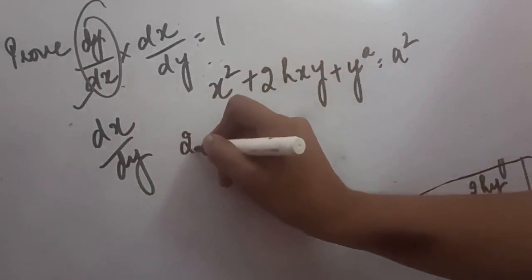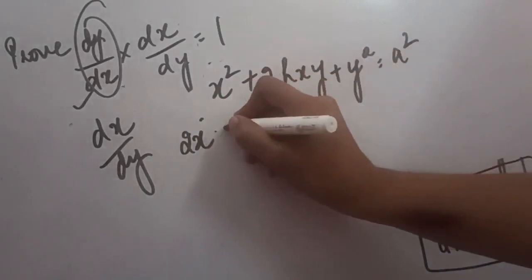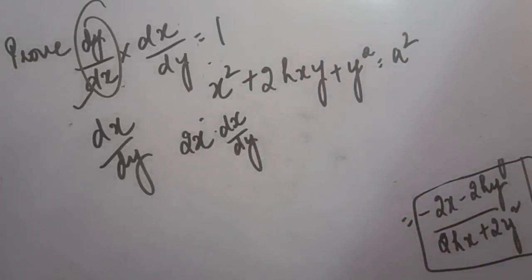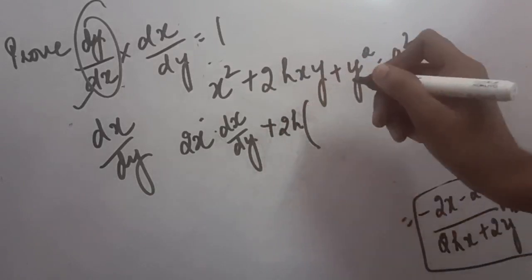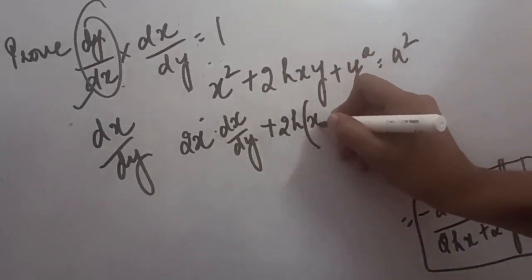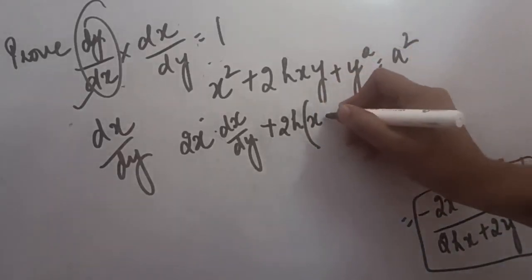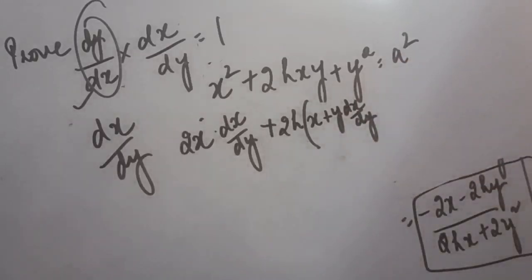Here the differentiation will be 2x into dx upon dy, because the differentiation of x still has to be taken and it is divided by dy. Correct? Now plus 2h will be at its place, and here the product rule will be applied. x times the differentiation of y is 1, so we need not write it, plus y times the differentiation of x, so with x, dx upon dy will come.